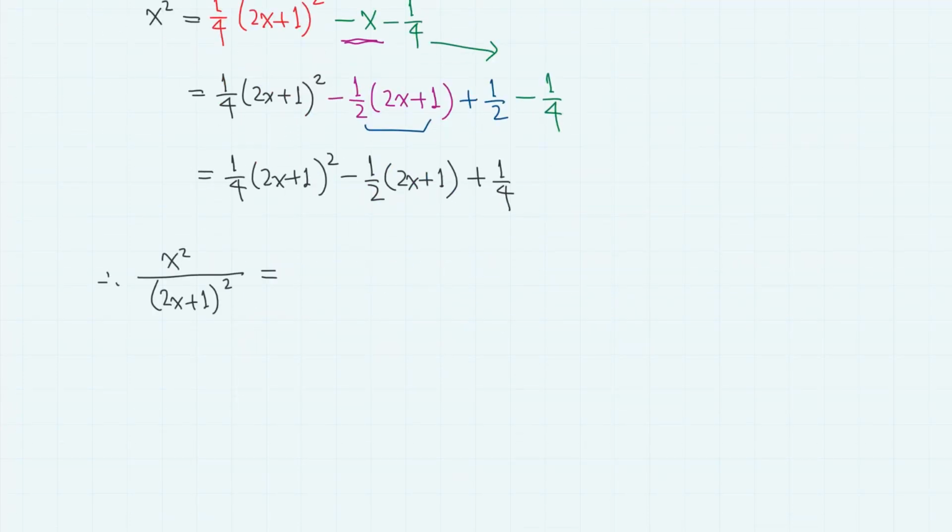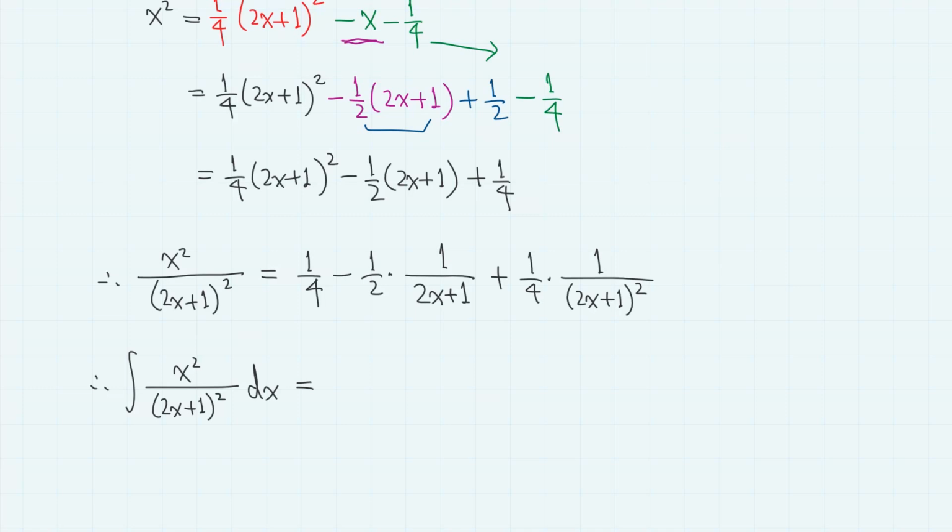And the integrand function can be obtained if we divide this by (2x plus 1) squared, which equals, now the first term becomes the constant term, 1 over 4, then minus 1 over 2 times 1 over 2x plus 1, plus 1 over 4 times 1 over (2x plus 1) squared.